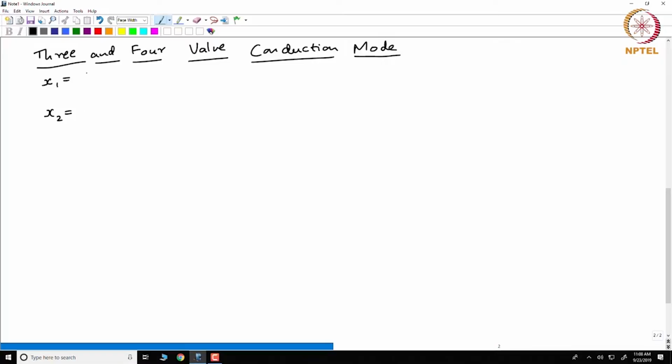6. So, first of all, what is the size of x1? Size of x1 is 4. So it has 4 elements. How does it have 4 elements?